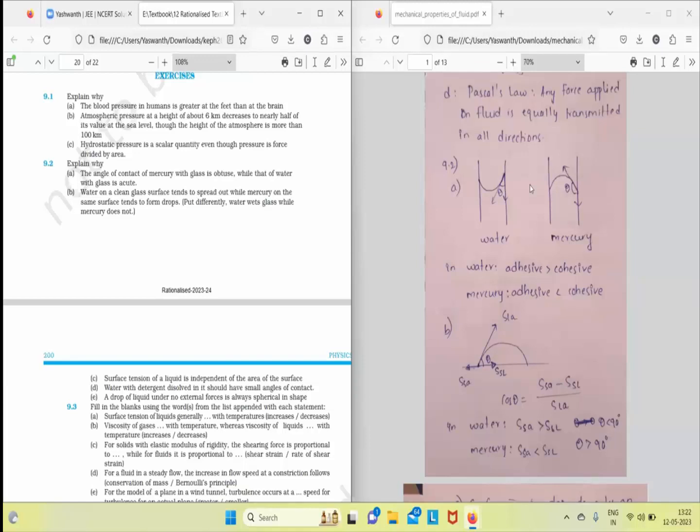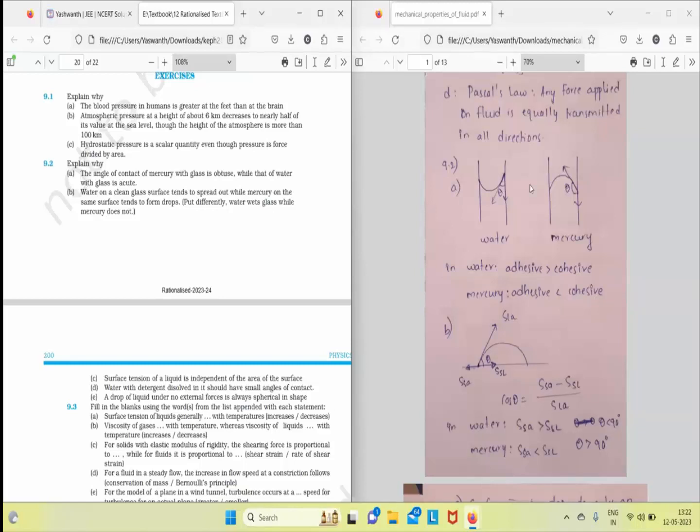Coming to cohesive forces, they act between particles of the same material, like two molecules in water, two molecules in mercury, or two molecules in the air. So here you learn two different definitions, cohesive and adhesive. Don't confuse them. Adhesive means acting between different materials and cohesive means force within the same material.